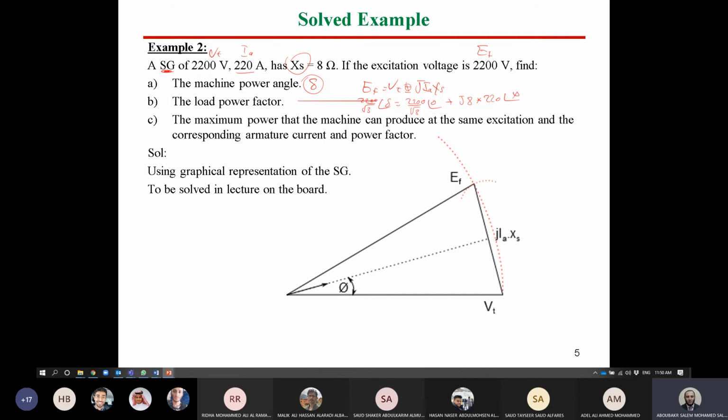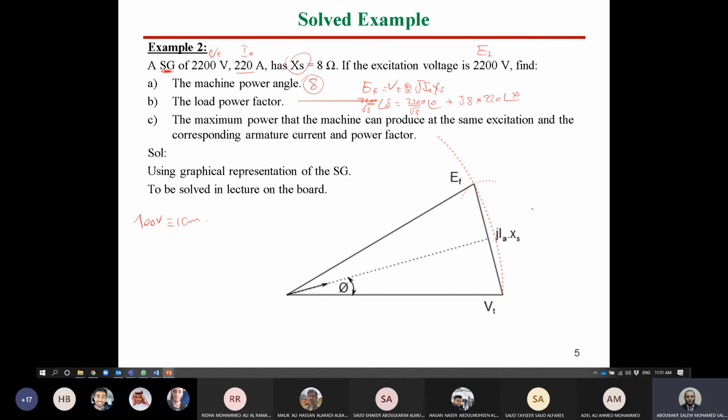However, there is a much easier way. Instead of doing it analytically, we can do it graphically. We have the value of V terminal. Let's assume a certain scale. For instance, assume 100 volt corresponds to 1 centimeter, and get the corresponding V terminal in centimeters, and start drawing the first vector, V terminal.